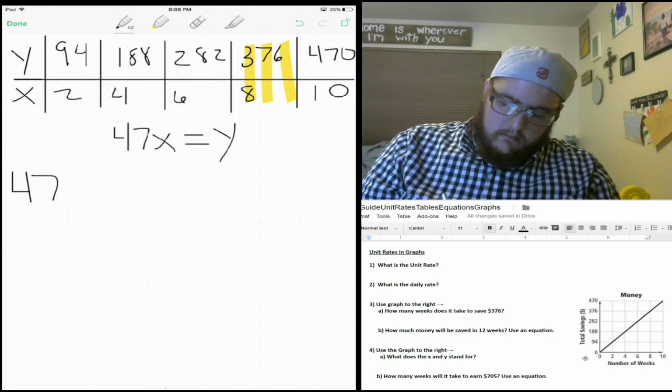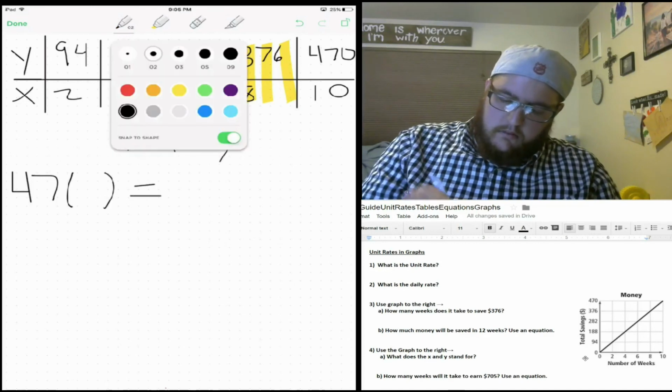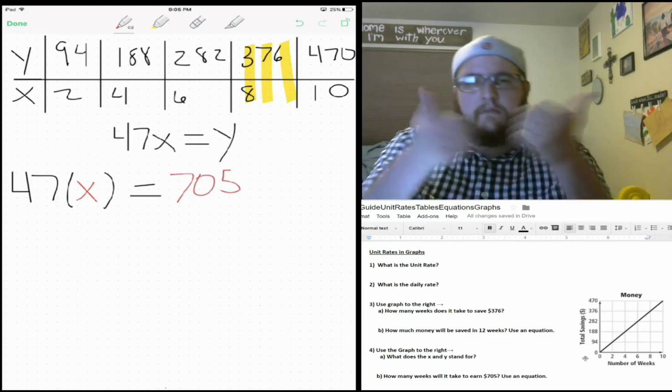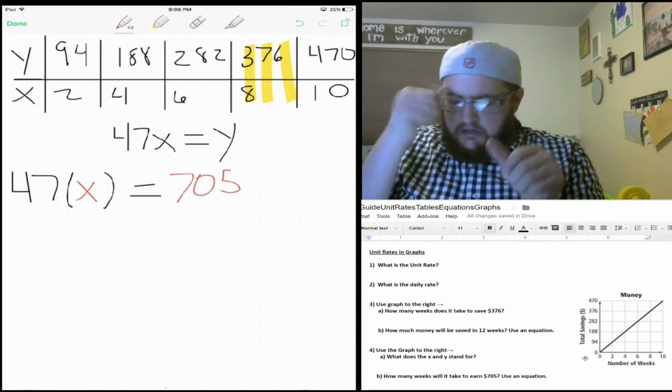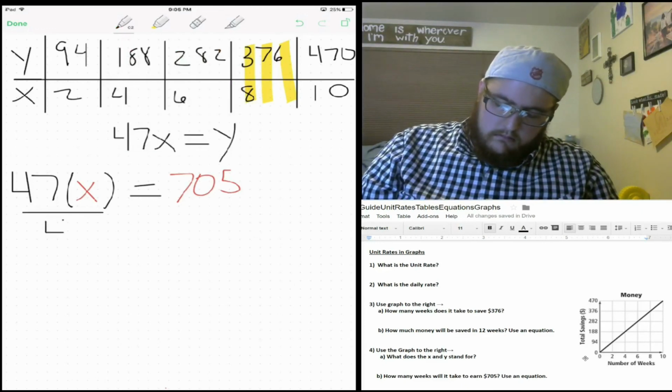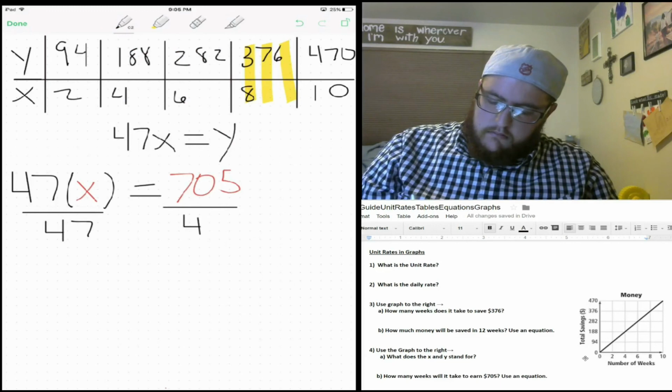And dollars is a y value because it's on the y-axis. So we can replace the letter y with the number 705. So essentially, 47 times some x value is going to equal $705. Now we must isolate the x to find out what it is, so we must divide each side by 47.